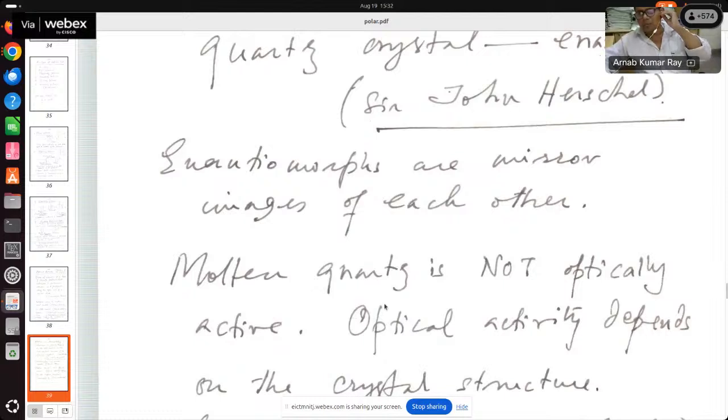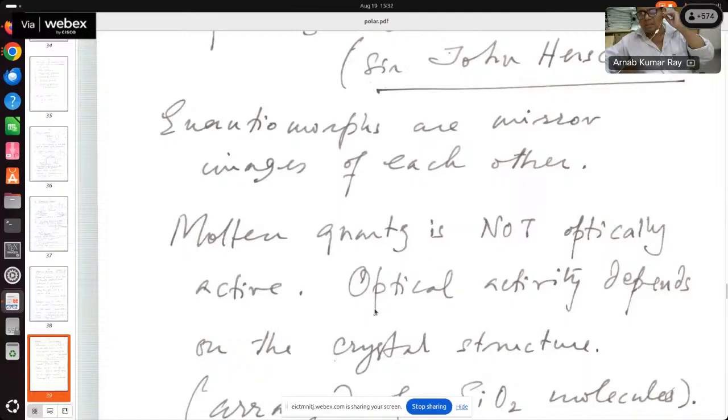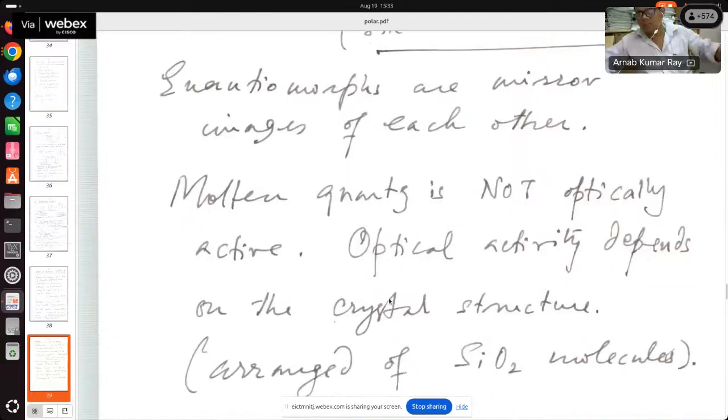But molten quartz is not optically active material. So basically it means that the crystal structure is important, not just the molecular formula, because the molecular formula remains the same, but it's the arrangement of the molecules that will matter. So optical activity will depend on the crystal structure. The crystal structure will imply the arrangement of the molecules.